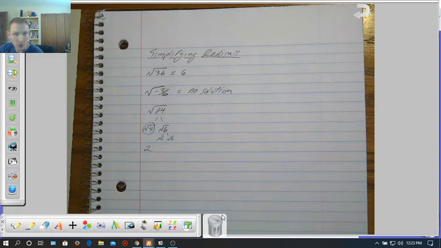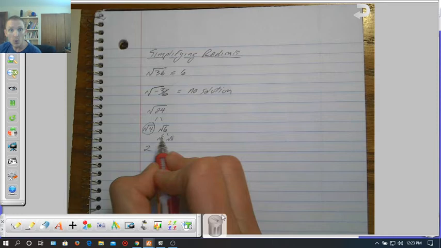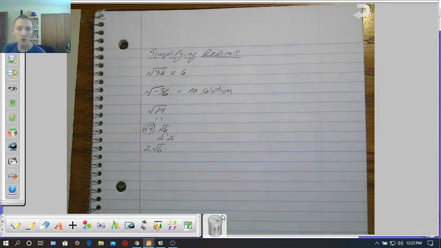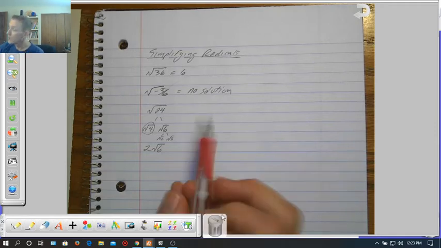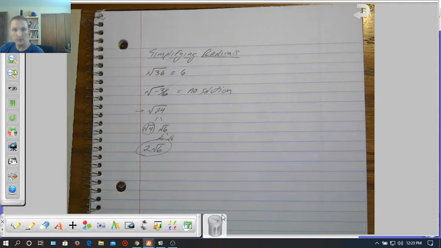There aren't any perfect squares, so that doesn't help me. So radical 6 cannot go any further. So it's going to go right next to the 2 that freed itself. So the simplified version for radical 24 is 2 radical 6.